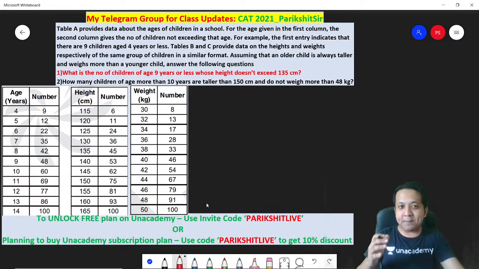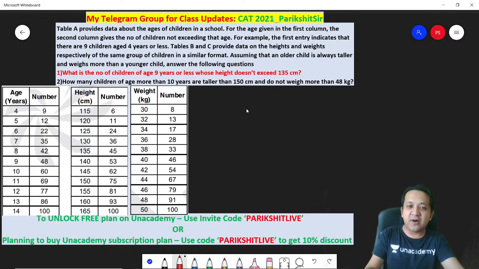So remember the topic, right? Before I start solving this caselet, first let's understand what we are trying to do today. Today we are going to learn sequencing based caselets. When you say sequencing based caselets, there are two ways of looking at it.